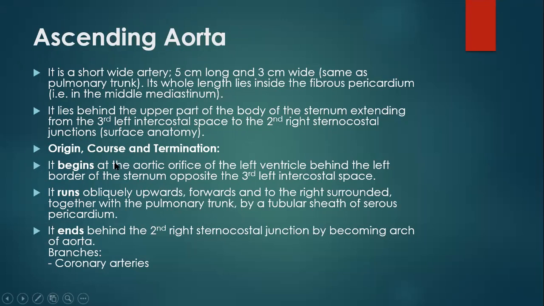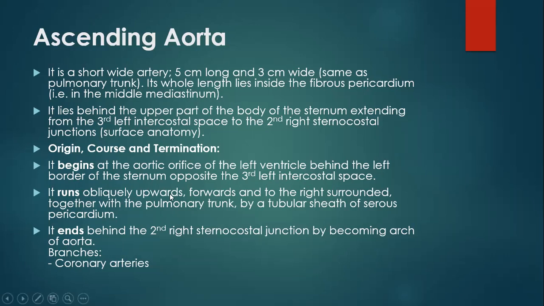As we saw, it begins at the aortic orifice, as the ascending aorta of the left ventricle, behind the left border of the sternum, opposite the third left intercostal space. This is the site where you can auscultate the aortic valve.